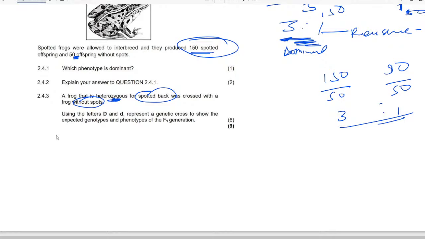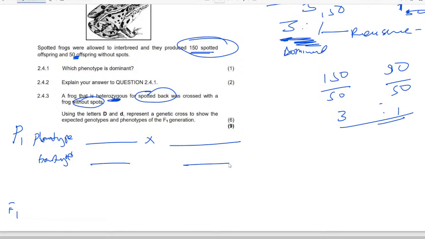So basically, you do P1, F1. You write the phenotype, you do it for me, get the phenotype from here, then write the genotype. Where do I get the genotype? They said spotted, they said heterozygous.